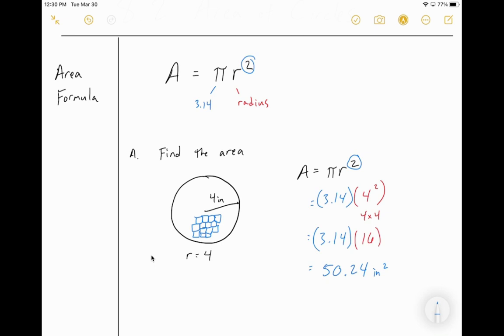Squared because that's how many squares you have. So if I was to count all these, it'd be 1, 2, 3, 4, 5, 6, 7, 8, 9, 10, 11. There'd be 50.24 of those squares in my circle. That's how you do area. That's it. Just plug in the numbers. What do you think? Not too bad? Let's give you guys an example and try it, okay?